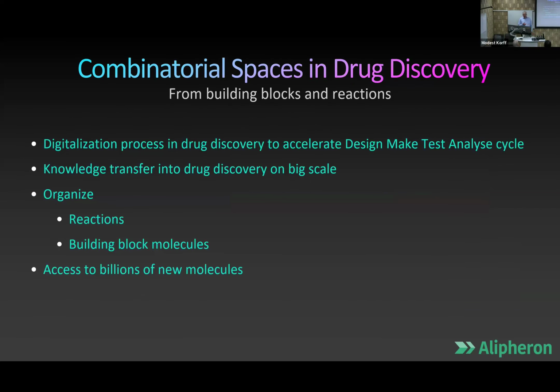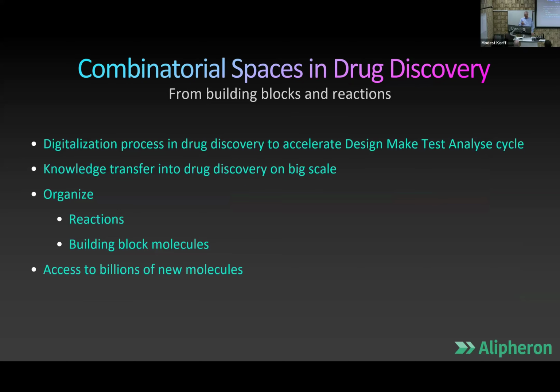Combinatorial library spaces in drug discovery are used a lot. And in fact, they are part of the digitalization process in drug discovery to accelerate the design, make, test, analyze cycle, because they are a way to transfer knowledge from the databases with the reactions and the building blocks into the drug discovery on a big scale.